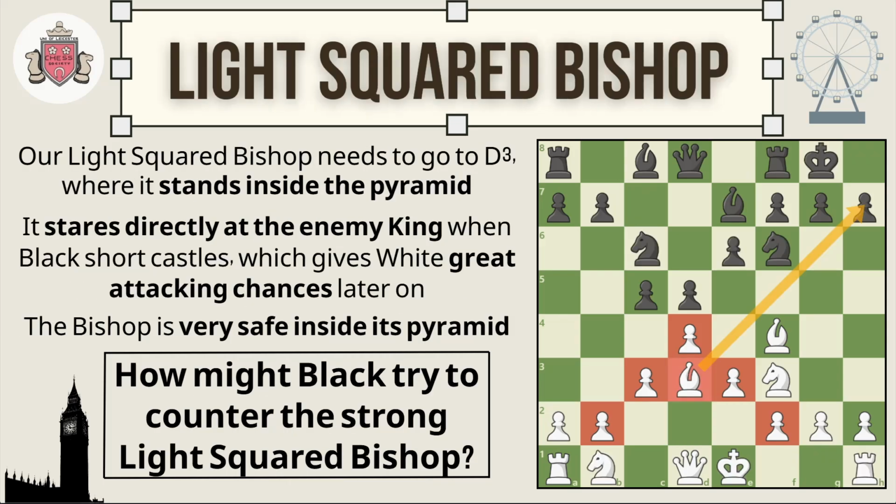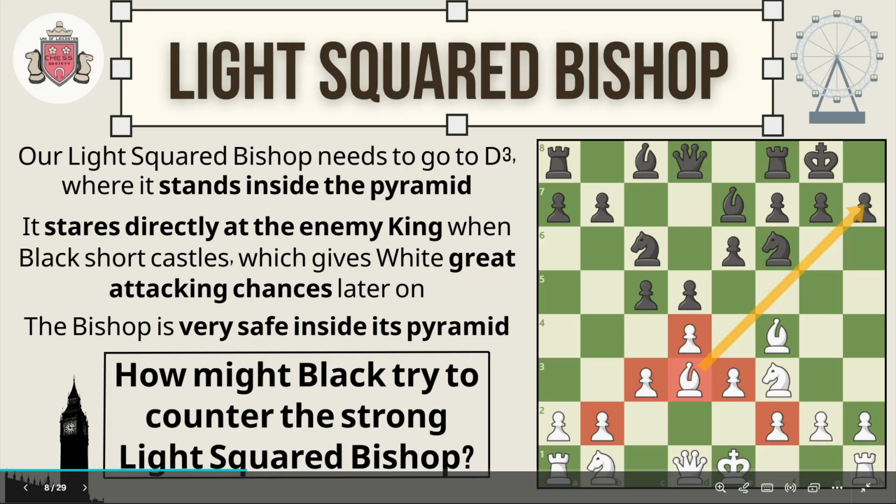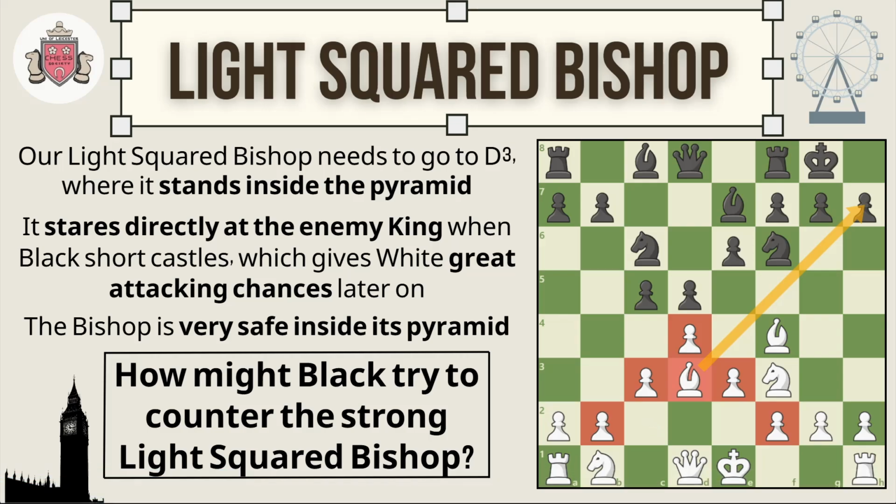And essentially the heart of our London system, the beating heart of it, what gives it life, is our light square bishop, so our bishop on d3. This is, I'd say, probably the most important piece in our position, because we talked about this pyramid, and the light square bishop stands in the middle of it.